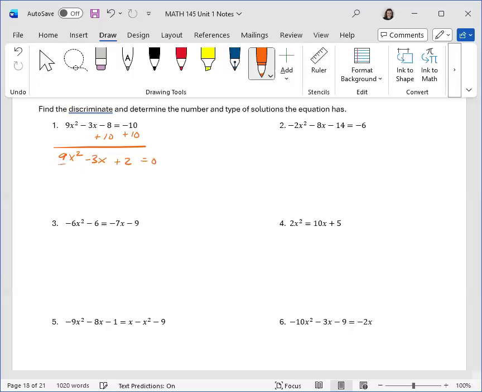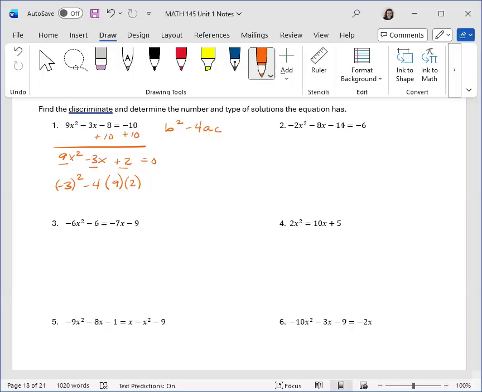Now I can identify the a, the b, and the c. So the discriminant is b squared minus 4 times a times c. So if I locate those values in this quadratic equation, my b is negative 3, minus 4 times a, which is 9, times c, which is 2.